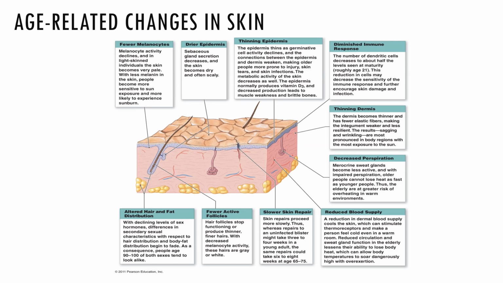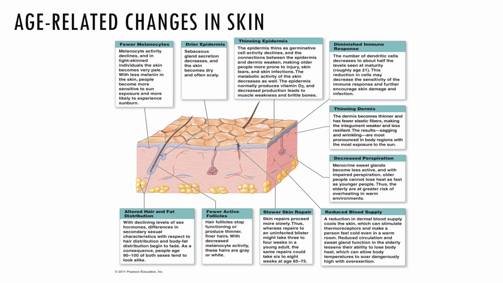A reduction in dermal blood supply cools the skin, which can stimulate thermoreceptors and make a person feel cold, even in a warm room. Reduced circulation and sweat gland function lessen a person's ability to lose heat, which can also cause their body temperature to get dangerously high. With declining levels of sex hormones, differences in secondary sexual characteristics with respect to hair distribution and body fat distribution begin to fade.